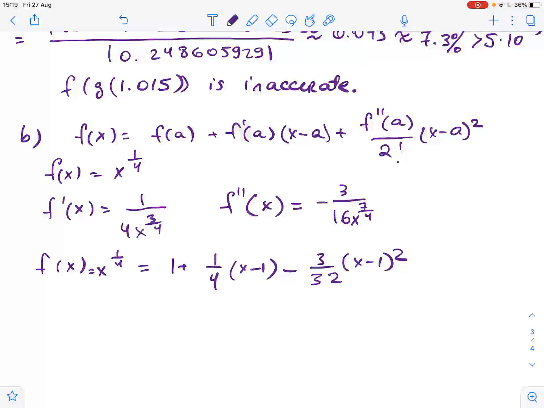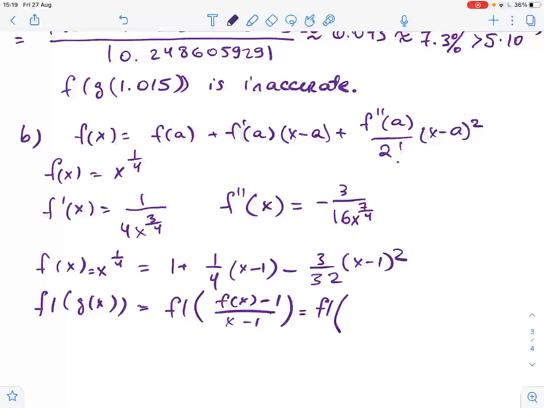Now approximate g of x by using the Taylor polynomial f of x, and we get that fl of g of x equals fl of f of x minus 1 over x minus 1.